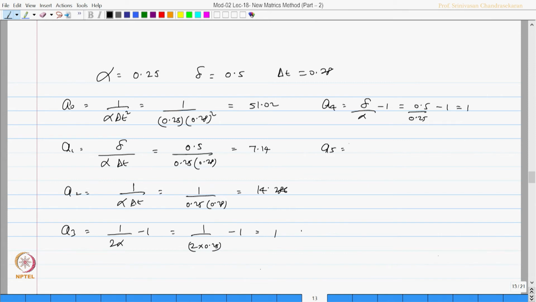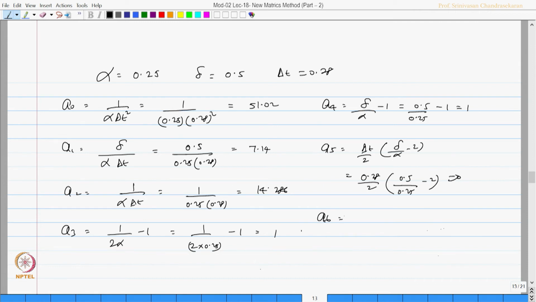Again A 5 is delta t by 2 of del by alpha minus 2, which is 0.28 by 2 of 0.5 by 0.25 minus 2, which becomes 0.